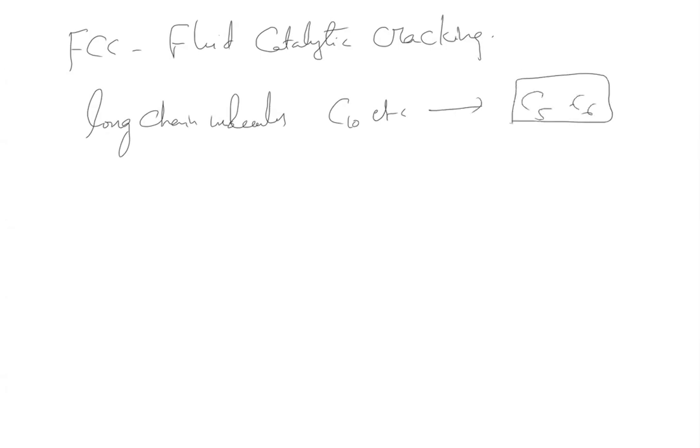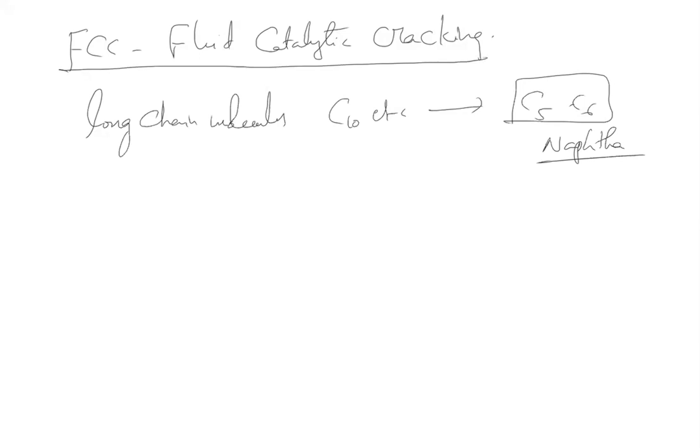So C5, C6 can be something like diesel or naphtha. So you will produce small components that will be used for blending with gasoline or diesel or something like that. So this is the basic fluid catalytic cracking.